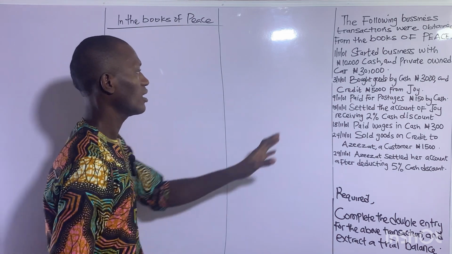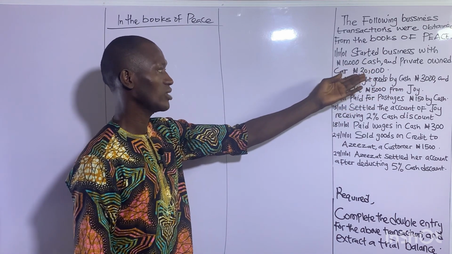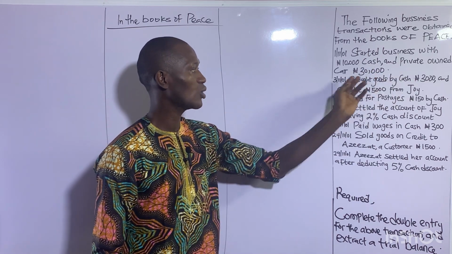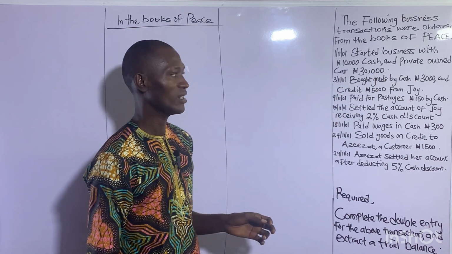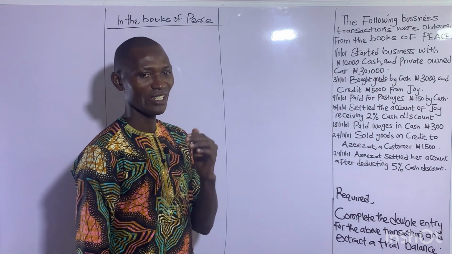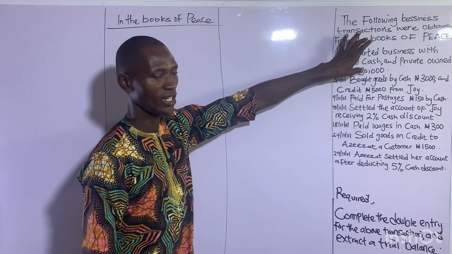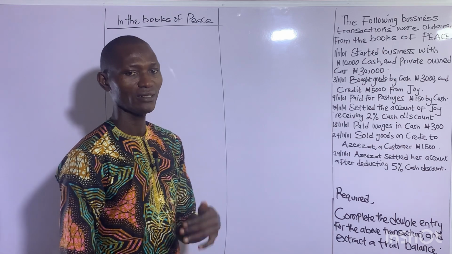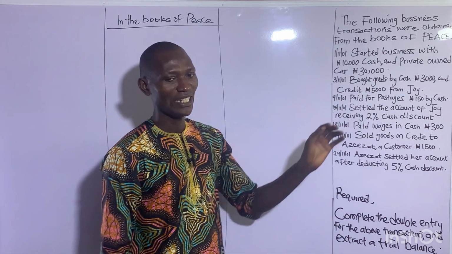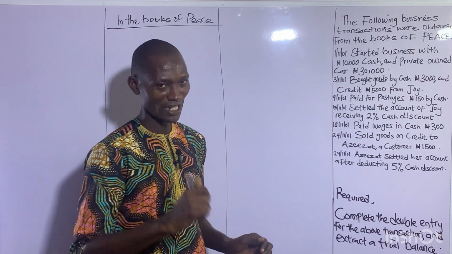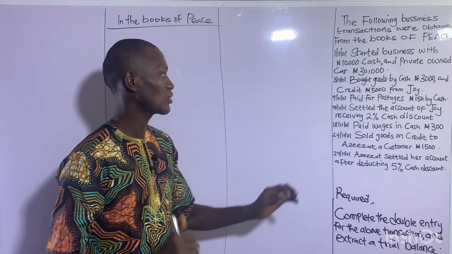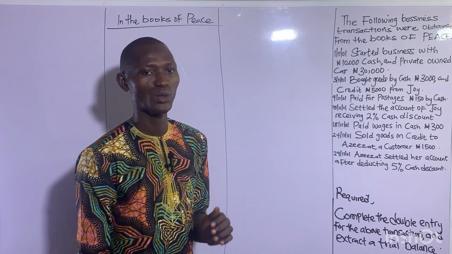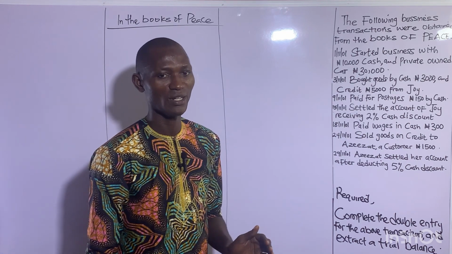The first transaction: started business with 10,000 naira cash and a privately owned car of 30,000 naira. There are two independent business transactions here. He started the business with two things, cash and car. I did say in the previous episode that anytime you are given 'started business', the first account you open is the capital account.